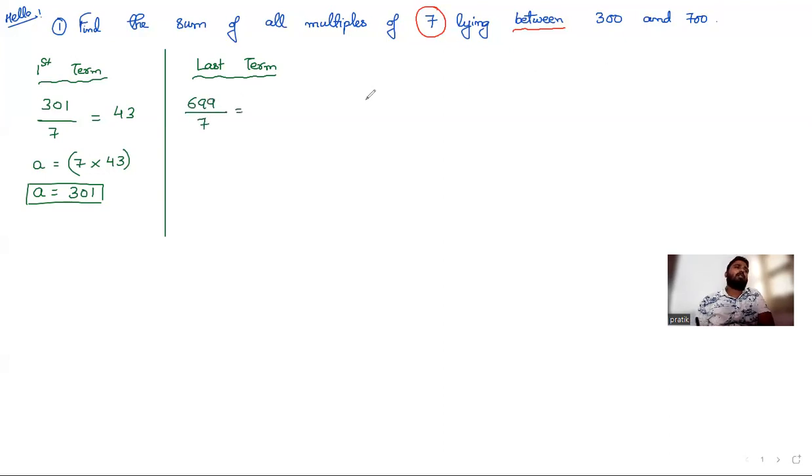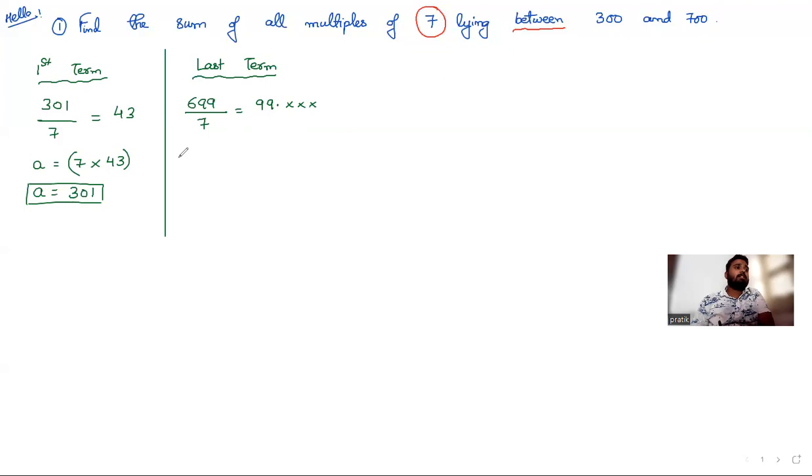Now you might be thinking, 700 is also divisible by 7, but all the multiples of 7 should lie between 300 and 700. As I told you, you cannot include 300 and 700. So when I do this, it turns out to be 99 point something.